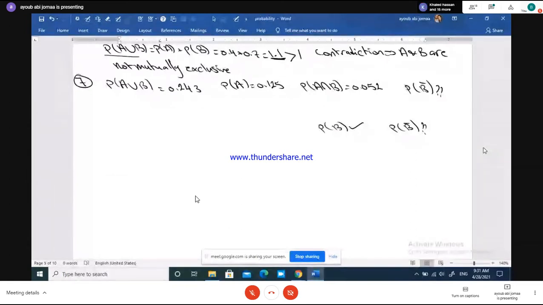Let's say probability of B is 0.3. What will be the probability of B bar? How?